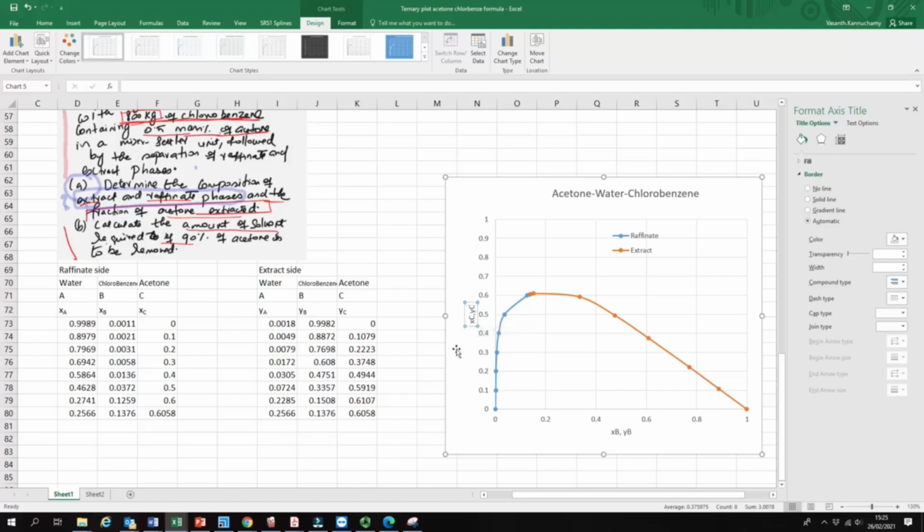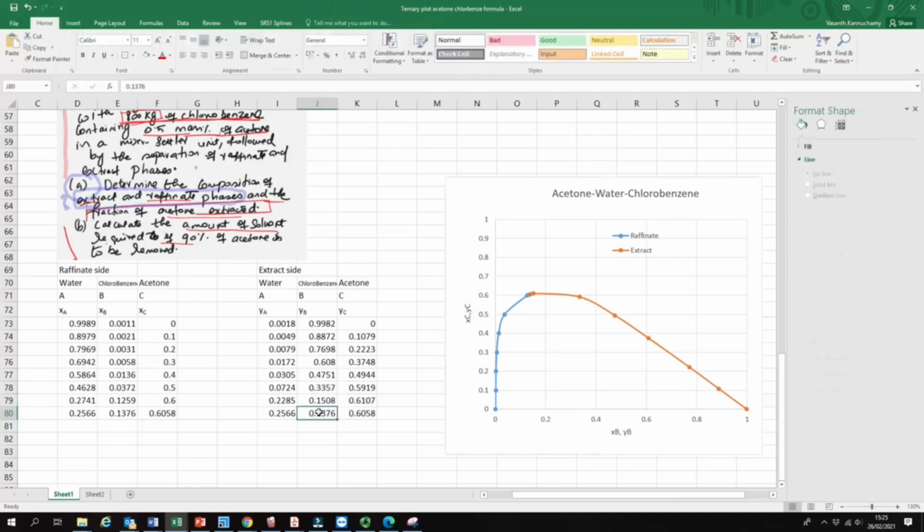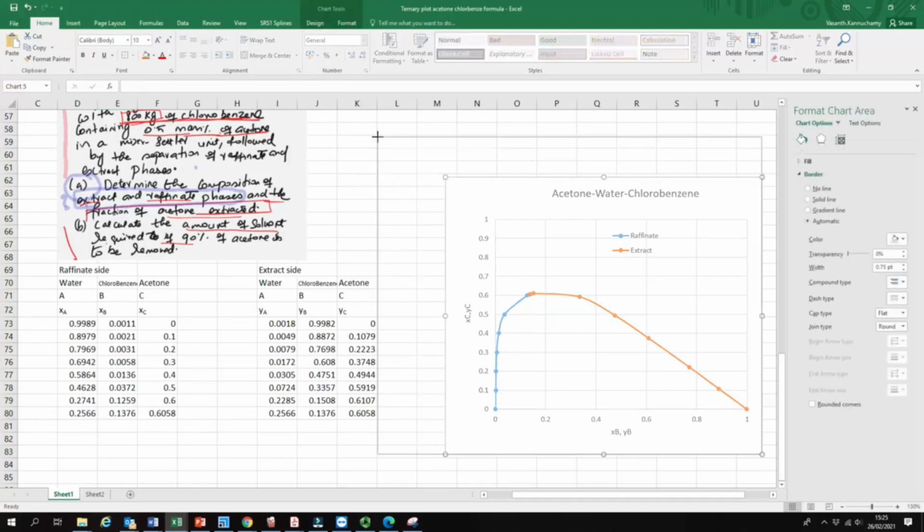That's what we have on the x and y axes. So if you plot, we will get the phase separation line. Obviously this point where my cursor is, you see here 0.1376, 0.1376, somewhere around here. That's our plait point, and these two points, if you connect them, will be our tie line.